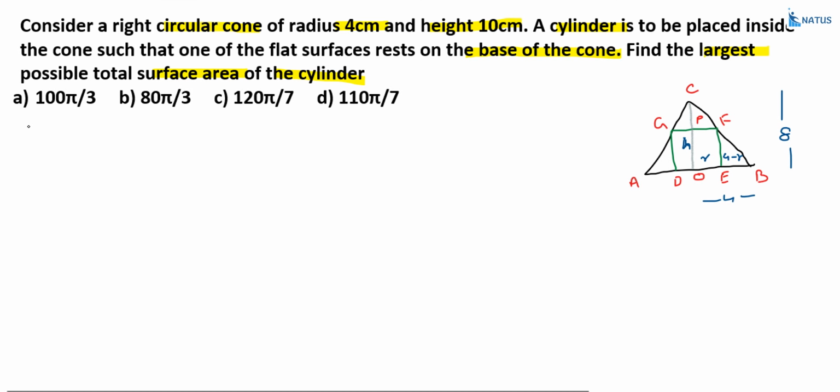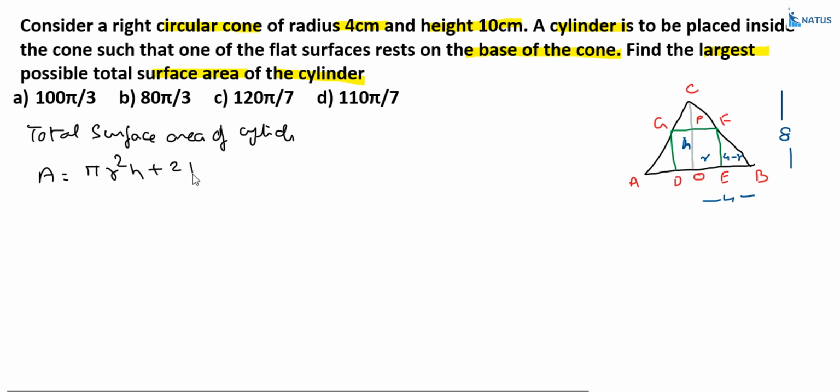Here, the total surface area of the cylinder, A, is equal to pi r square h? No, that is not it.